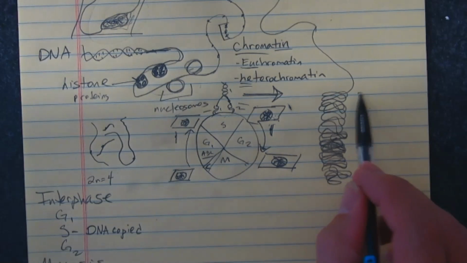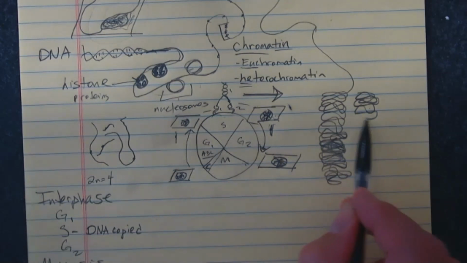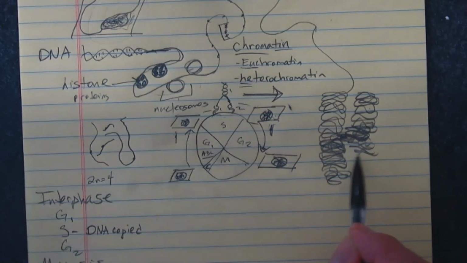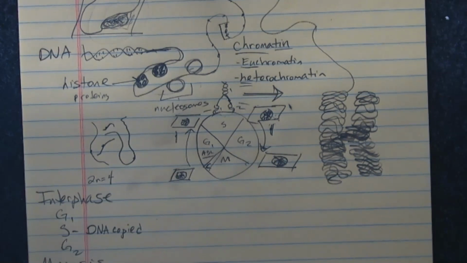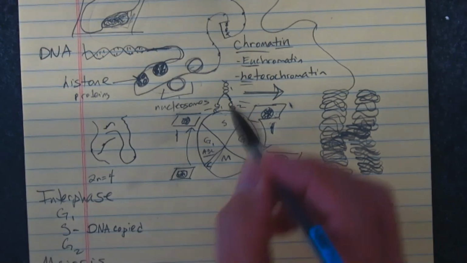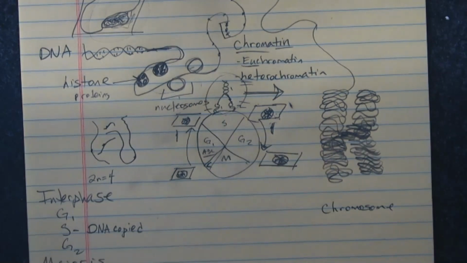So we need another one. And they don't want to separate, and those proteins hold them together. And you get the idea that's a really long strand. And this is generally what we call a duplicated chromosome. How did it become duplicated? DNA replication in a semi-conservative fashion.